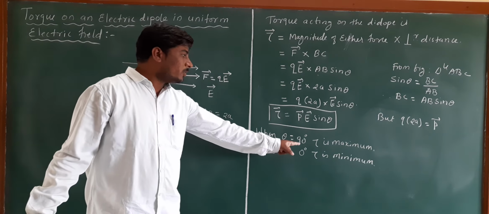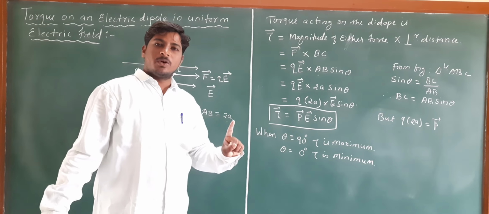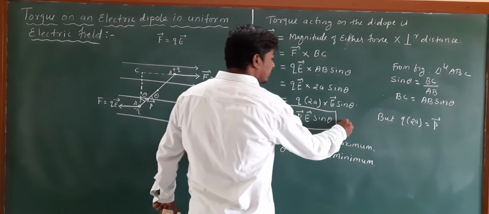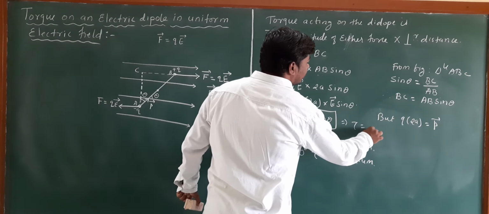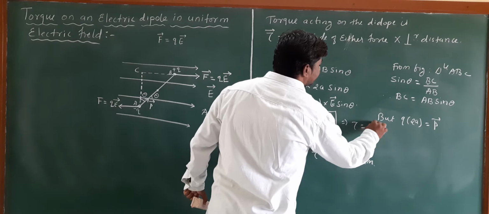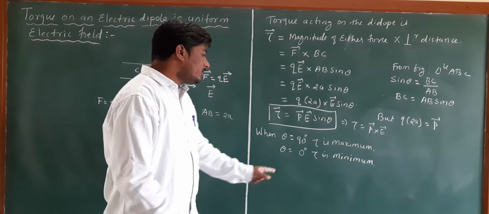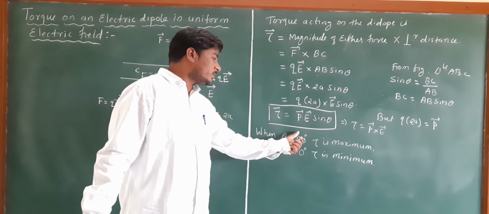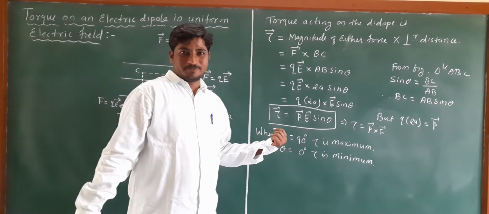At theta equal to 90 degrees, sin 90 is 1, so tau is simply PE. And if theta is equal to 0, sin 0 is 0, then tau is minimum.